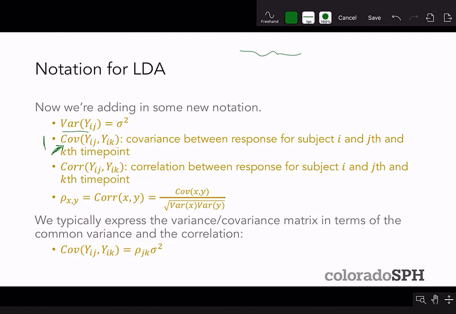We also have correlation between the response for subject i at the jth and kth time point. And what is correlation? Well, correlation, which we'll also denote as rho, is defined for two points, x and y, as the covariance between those points divided by the square root of the variance of each of those points. And typically in longitudinal data, we'll express the variance covariance matrix in terms of the common variance and the correlation.